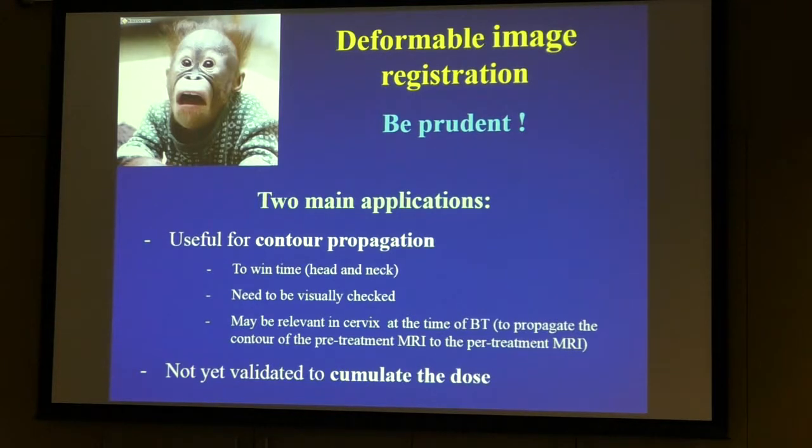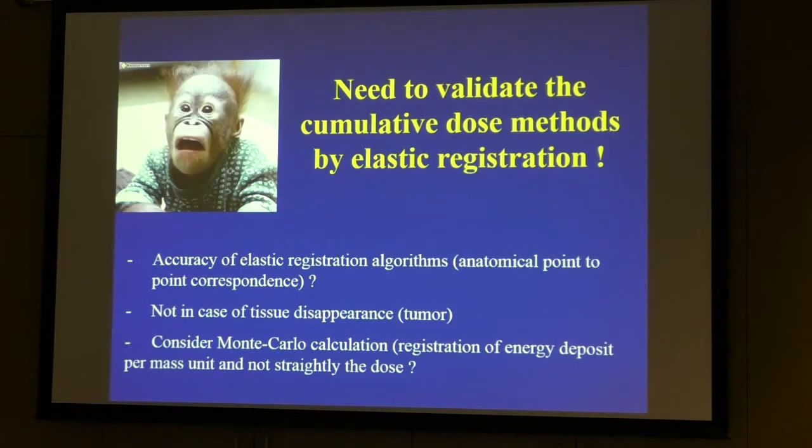You will win time. It can be visually checked and corrected. To accumulate the dose, as I showed before, there is a real need for validation, because there are several issues behind the use of elastic registration to accumulate the dose.